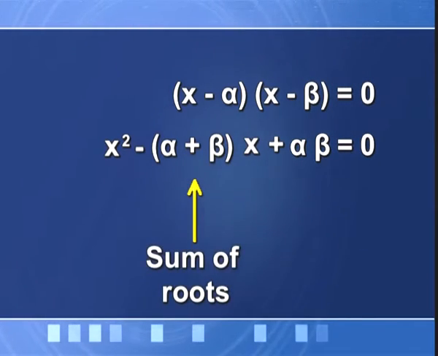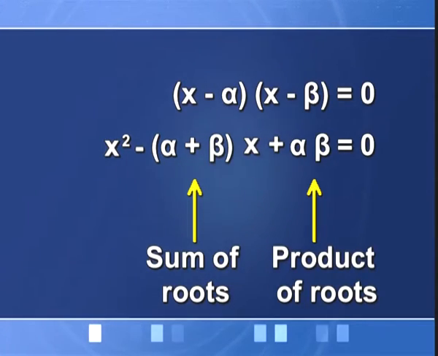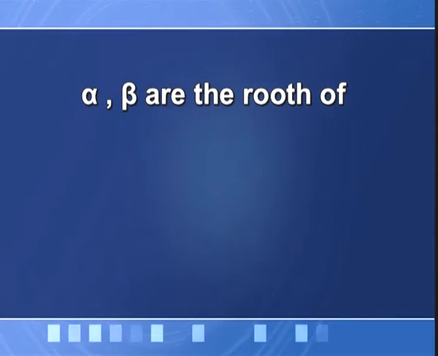Alpha plus beta is the sum of the roots and alpha beta is the product of the roots. So, this hints at another very convenient way of writing the quadratic equation when the roots are given. Roots are given, find the sum, find the product and write down x square minus the sum of the roots into x plus the product of the roots.